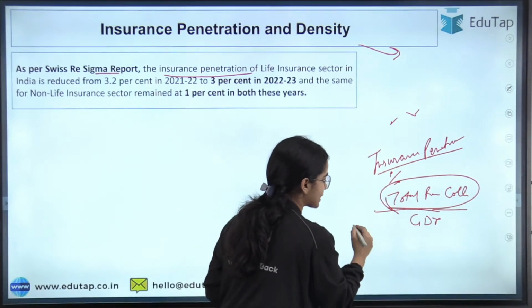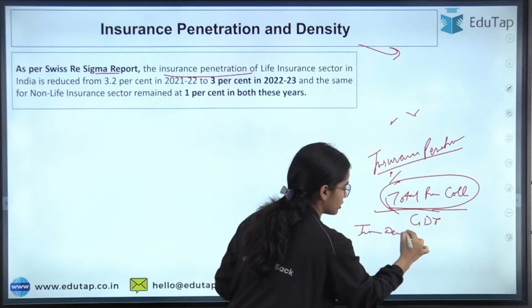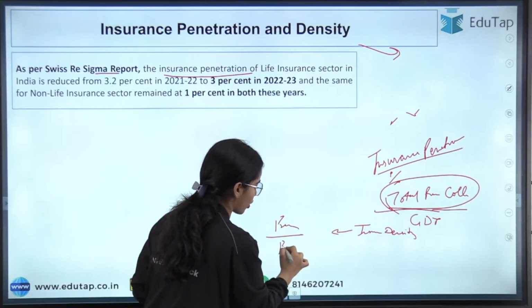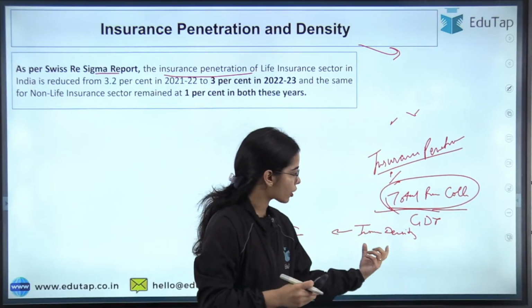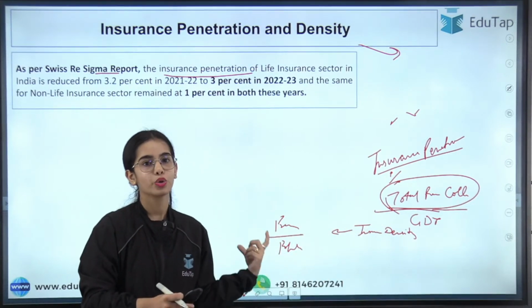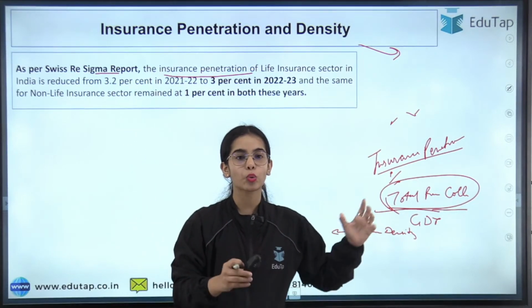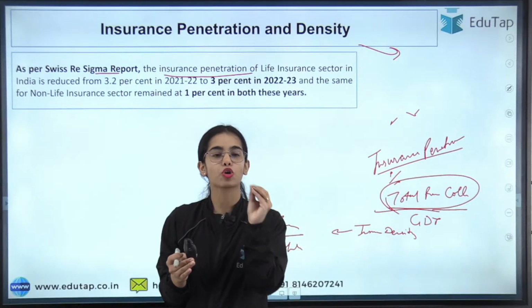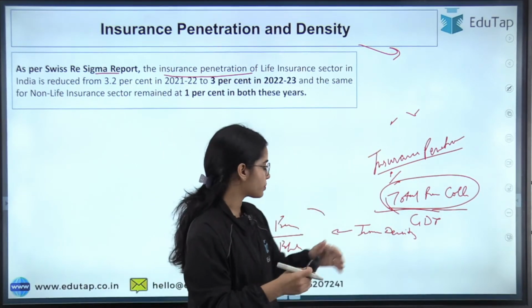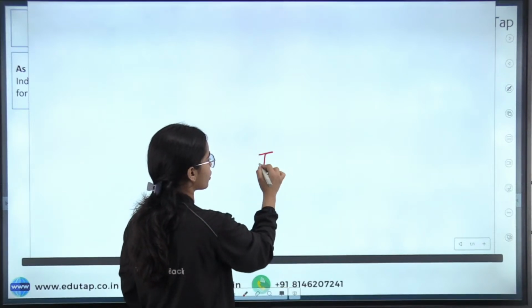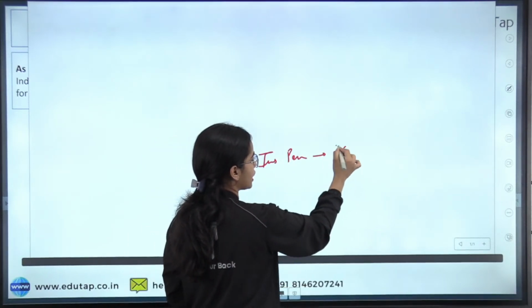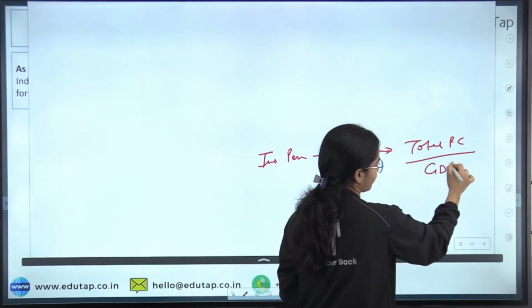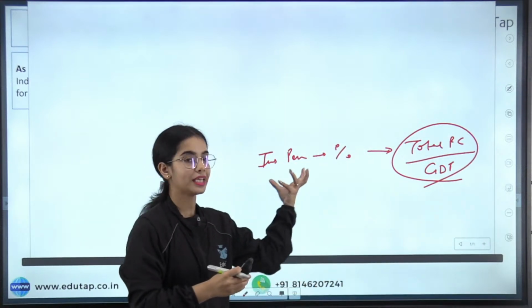Now what is insurance density? Insurance density is your total premiums divided by the population. So the insurance density is a ratio of the premiums to the population. It shows the per head insurance premium collection, or the average insurance premium collected. Insurance penetration is the percentage of total premium collected upon GDP, showing the total premium collection against the GDP.